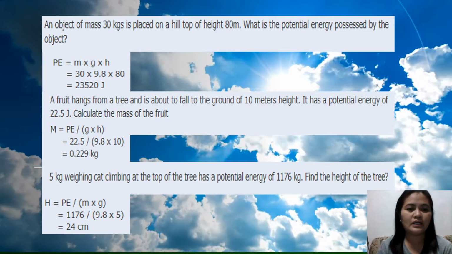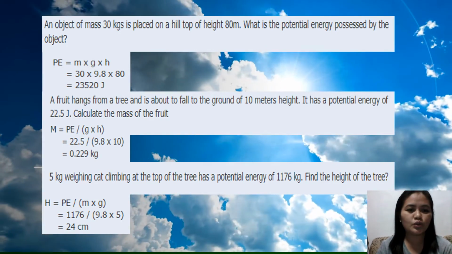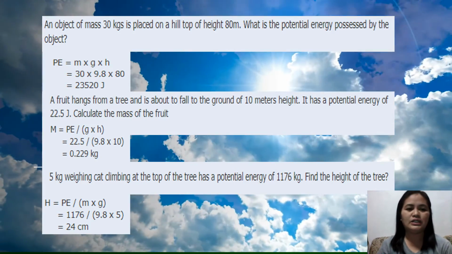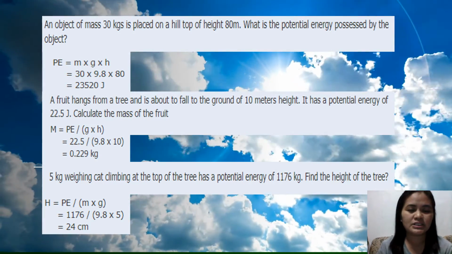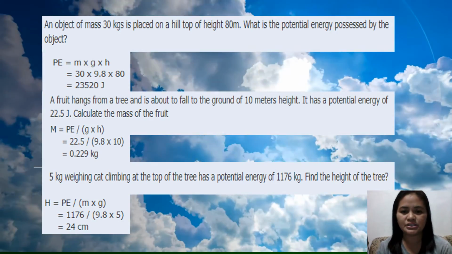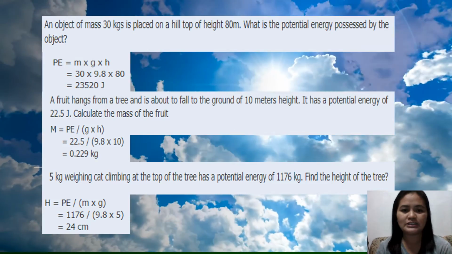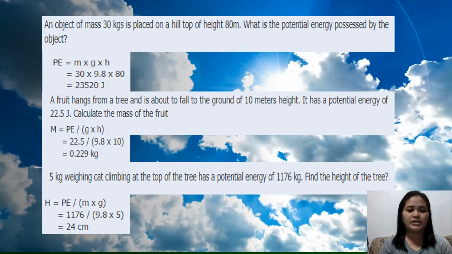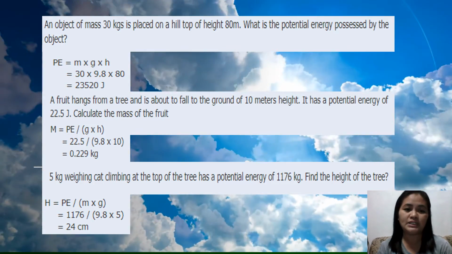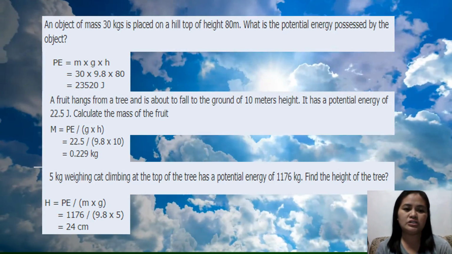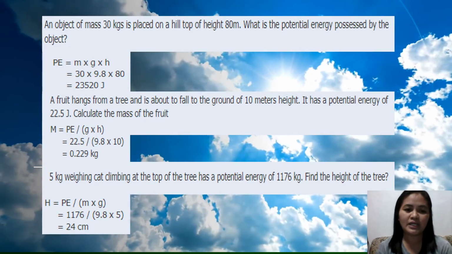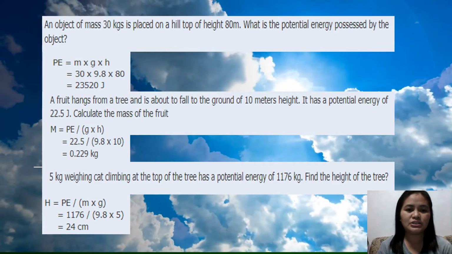First problem, you are to solve for PE or potential energy. An object of mass 30 kilograms is placed on a hilltop of height 80 meters. What is the potential energy of the object? So, parang yung first row nyo sa table kanina, ang isosolve nyo ay PE or potential energy. PE equals M times G times H. Ano yung mass? 30 kg.